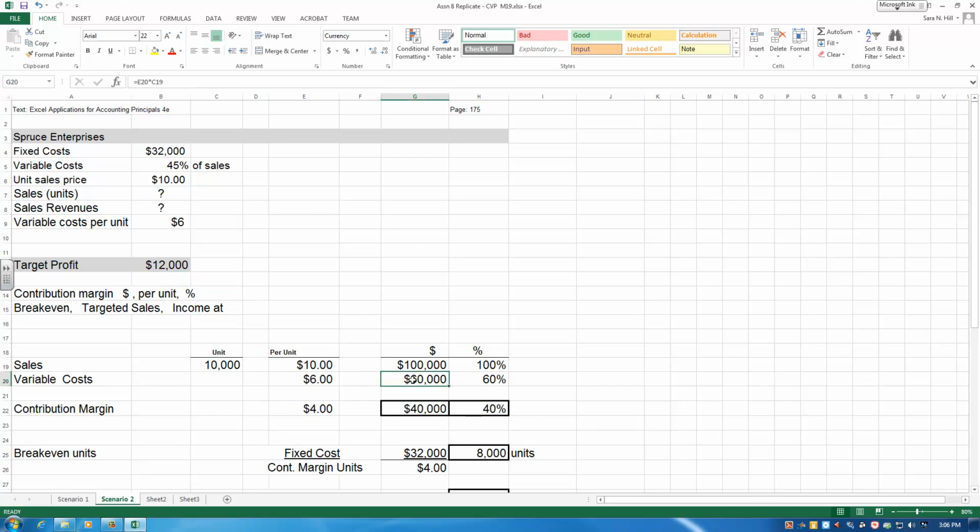Let's take a look at our formulas here. Right here is the culprit. See, I've hard typed in 60%. That's what you don't want to do on your homework, because then it's not going to flow right. So I'm going to highlight that 60% and click on B5. There we go. Now we're seeing the 45% that we should. Perfect example of what I don't want you to do on your homework, which is to hard type in that 60%.